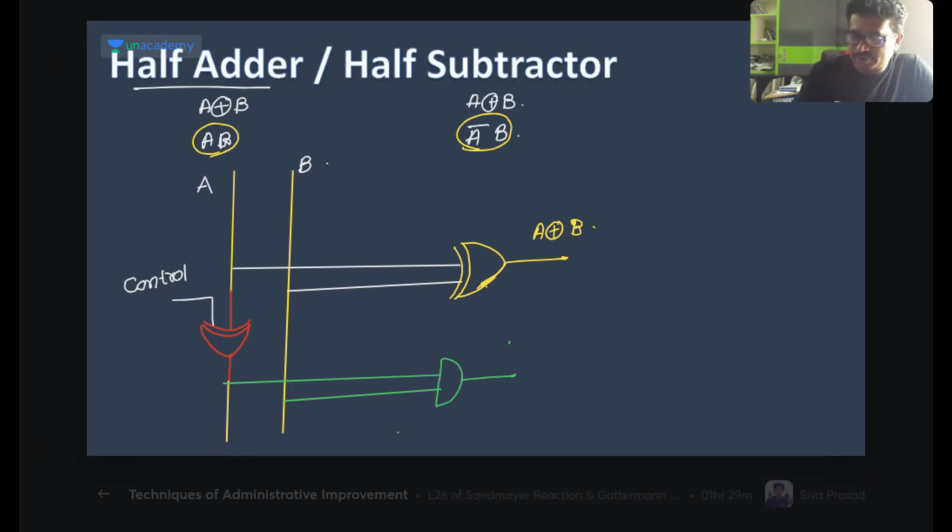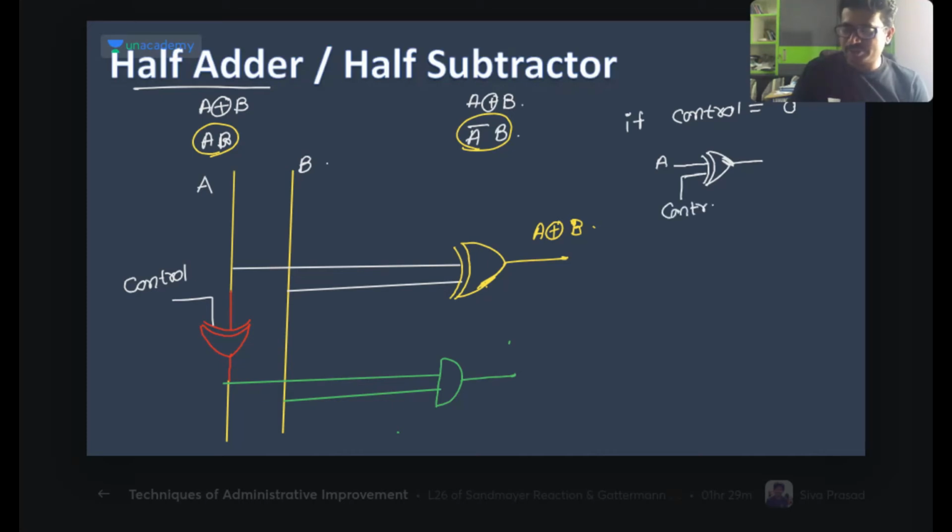If the control equals 0, what happens here? If one input of the XOR gate is 0, how will the XOR gate behave, as a buffer or an inverter? This is the XOR gate, this is A, and one input is the control.